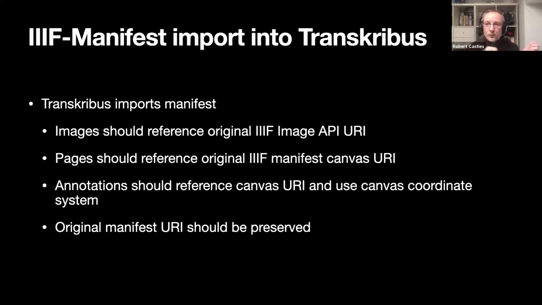Because you can zoom in and out and do different things, but also the annotations in IIIF always refer to the canvas and the canvas coordinate system. So it's important to use that as the reference point. And I think additionally, it would be nice to also keep the original manifest URI around so that when you export it again, you can refer to the original manifest.